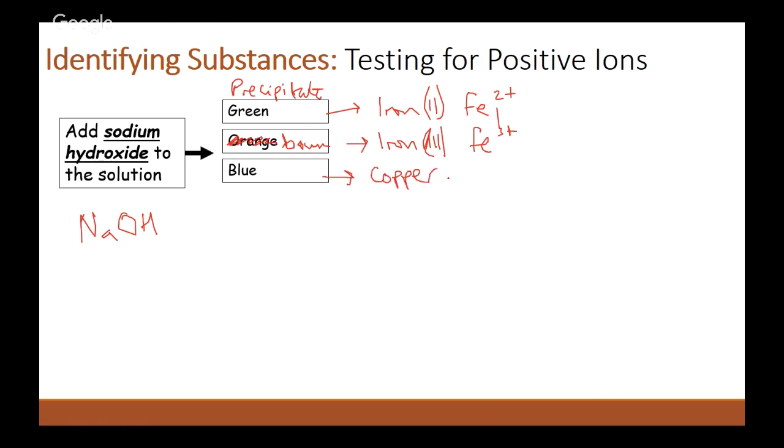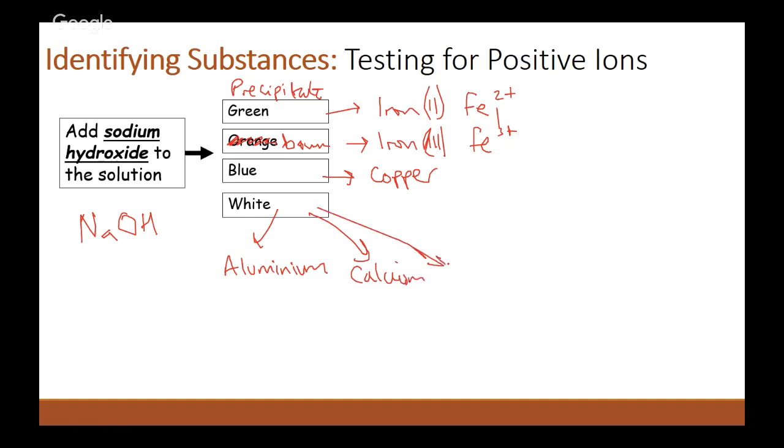And finally, you could have a white substance formed. Now that could either be aluminium, or it could be calcium or magnesium. So it will be a little bit inconclusive if you have a white precipitate.